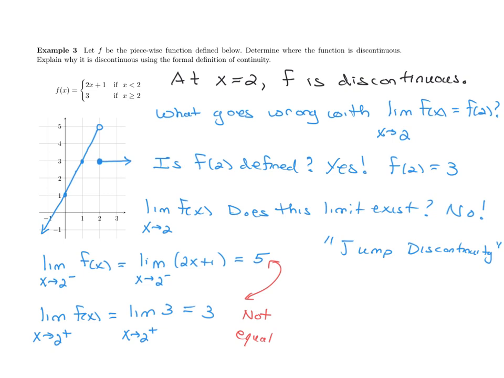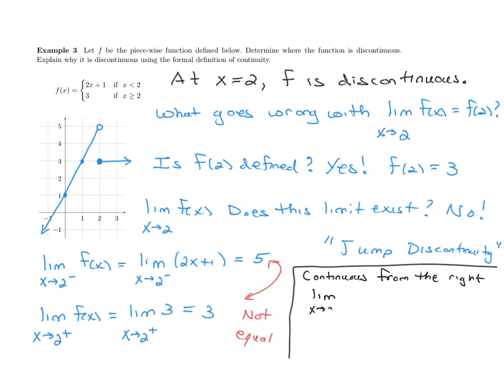I will make one other note about this problem. I'll write that down here. Even though this function is not continuous at 2, you can get a little bit more specific and say, well, if you only consider one side, it is continuous from the right. And that is the limit as x approaches 2 from the right of this function equal to f of 2, the function at 2?